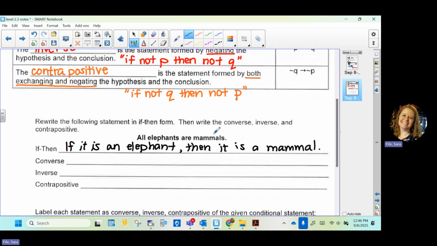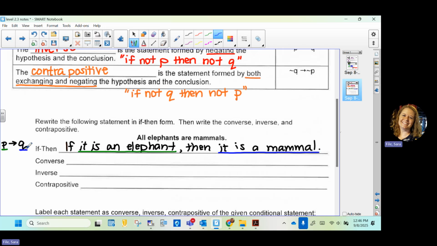All elephants are mammals. So if it is an elephant, then it is a mammal. So I just put it in if-then form. And if you want to put the symbol out here, if P, then Q. So it is an elephant, that's my hypothesis. It is a mammal, that's my conclusion.